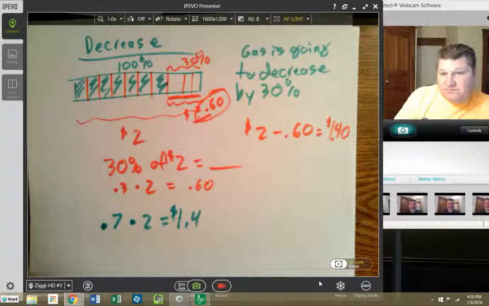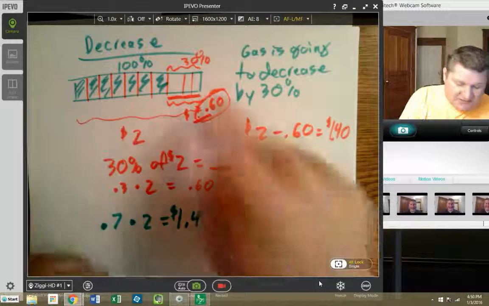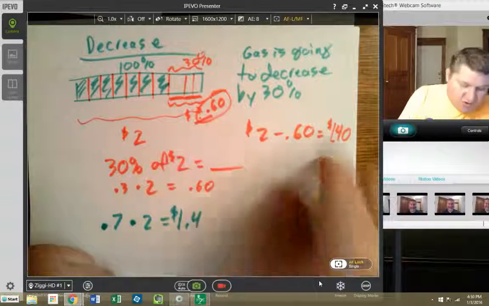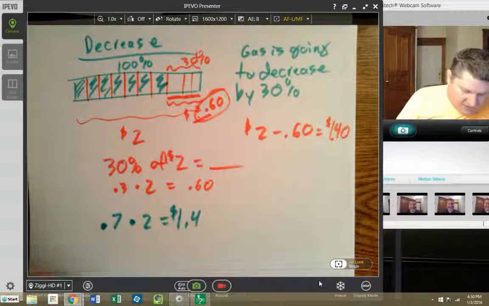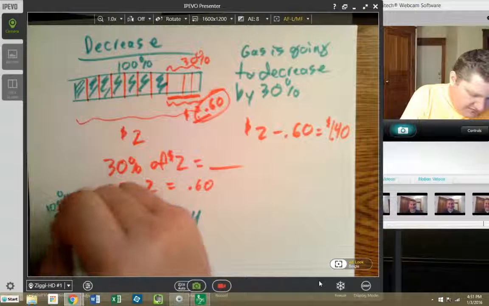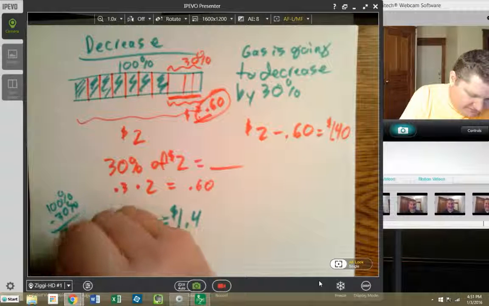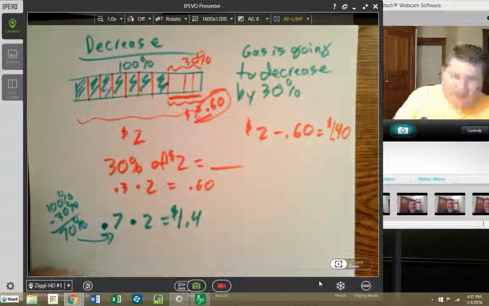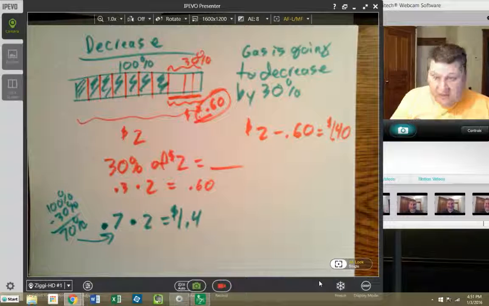So we can either find the percent and subtract, or do the subtraction first: 100% minus 30% is 70%, and then multiply it that way. So I could do it either way to find the percent increase or percent decrease.